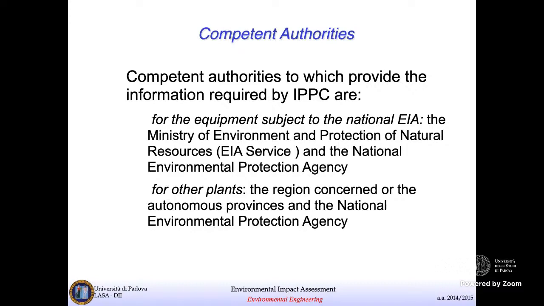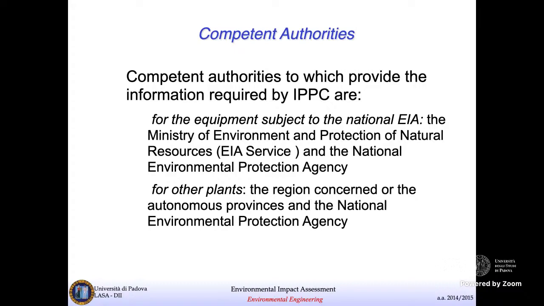The competent authorities to which the information required by IPPC is provided are, for the equipment subject to the National Environmental Impact Assessment, the Ministry of Environment and Protection of Natural Resources, the subsection of the ministry called the Environmental Impact Assessment Service, and the National Environmental Protection Agency.